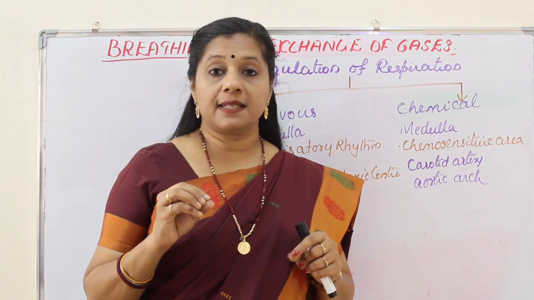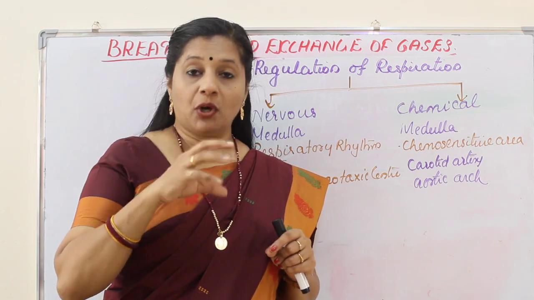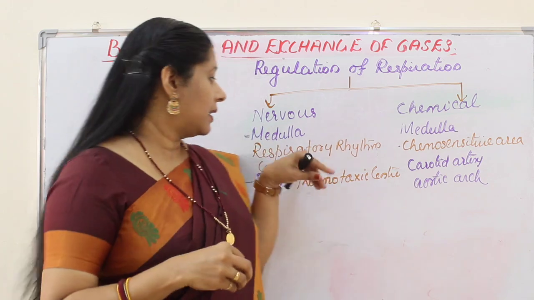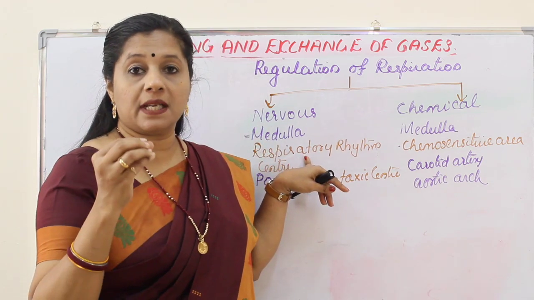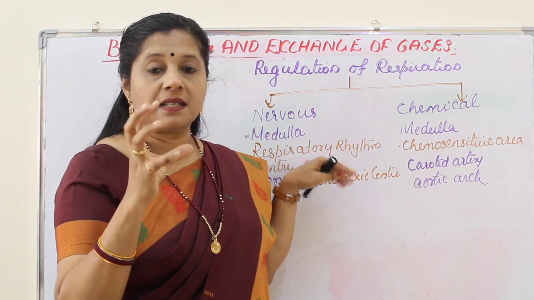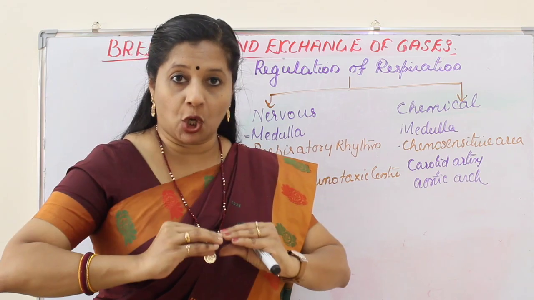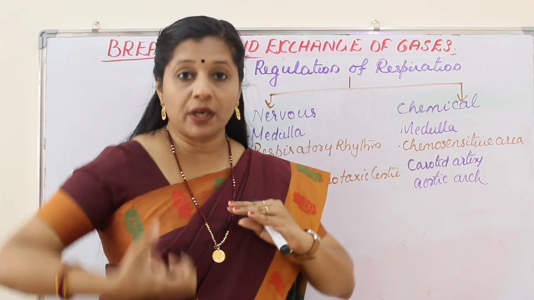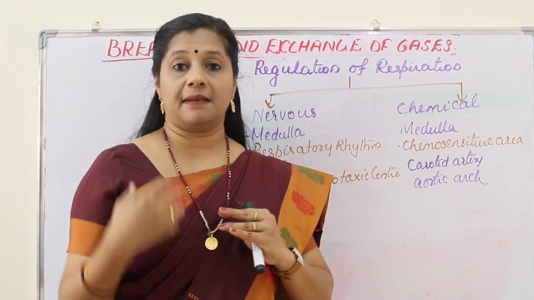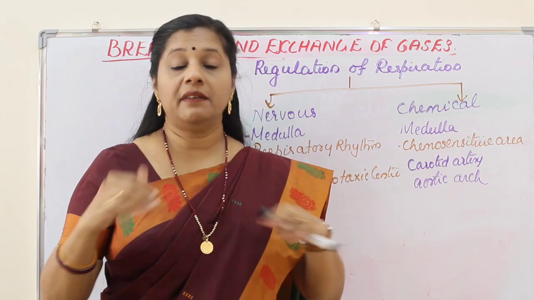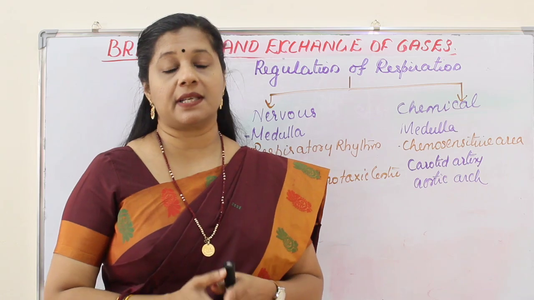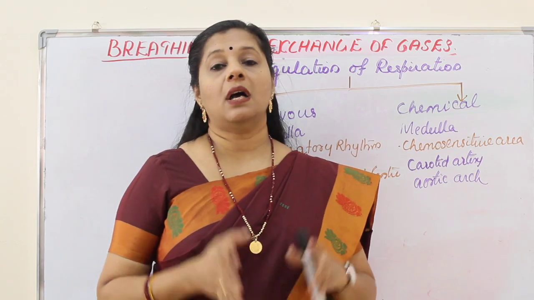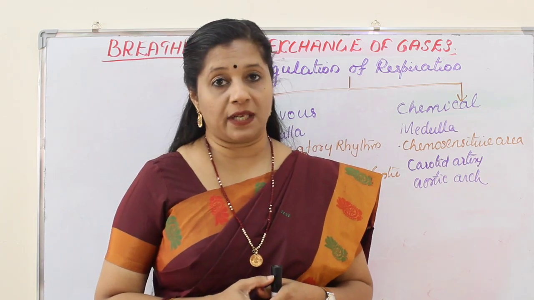So pneumotaxic center will keep on blocking the signals from the respiratory rhythm center or the dorsal respiratory group. As a result, inhalation becomes shorter, so we will breathe frequently and more deeply so that more oxygen can be taken into the body to nullify the effect of excess carbon dioxide produced. So this is how our respiration is regulated.